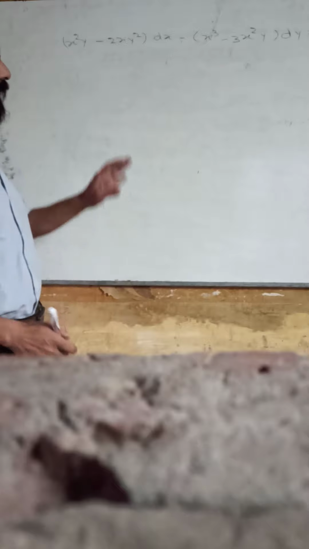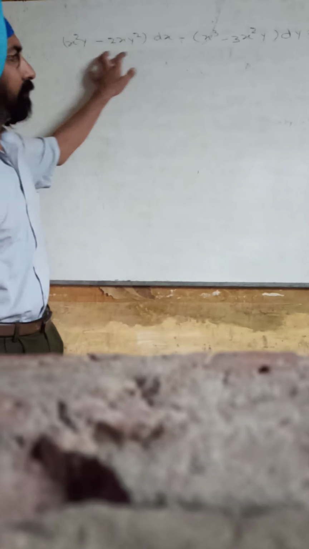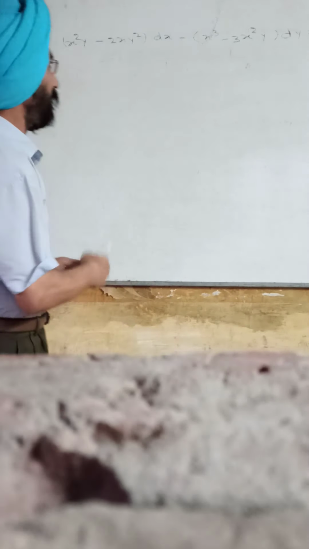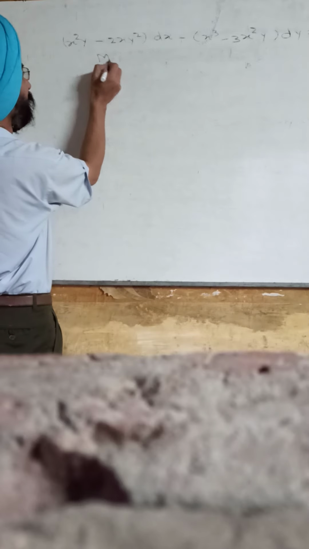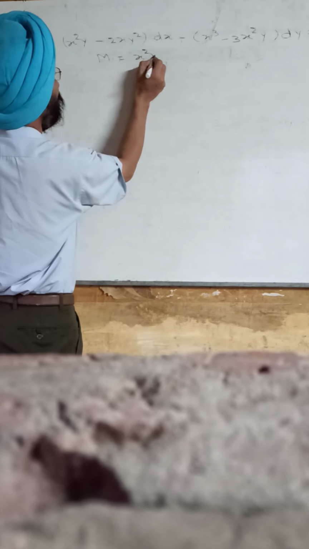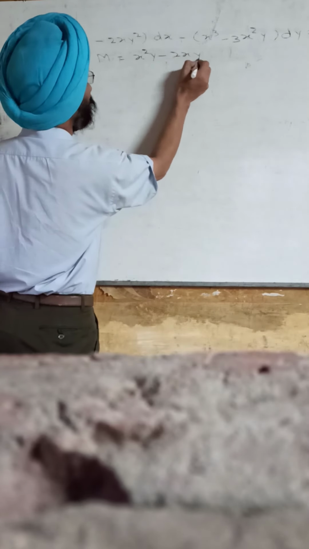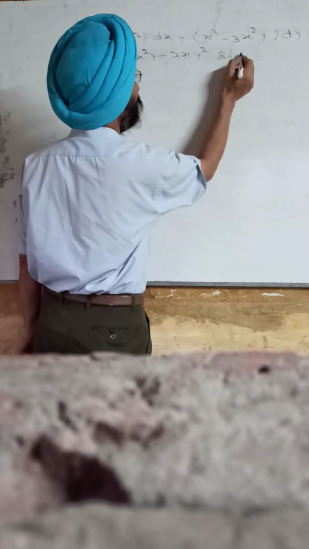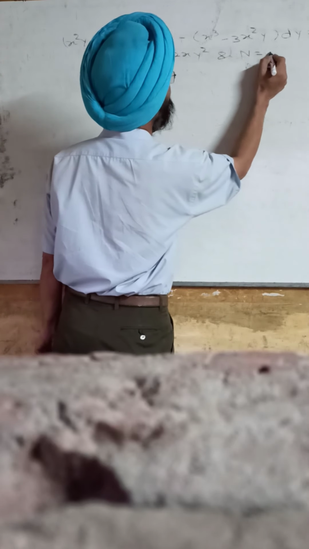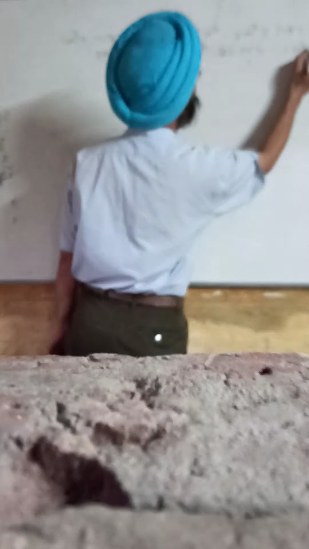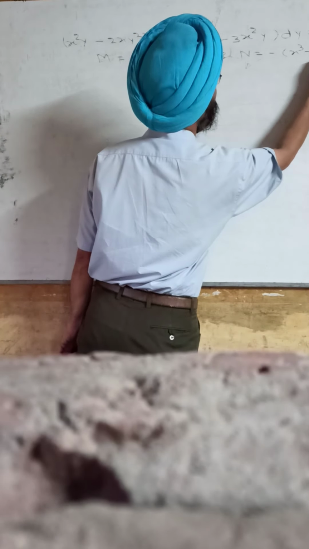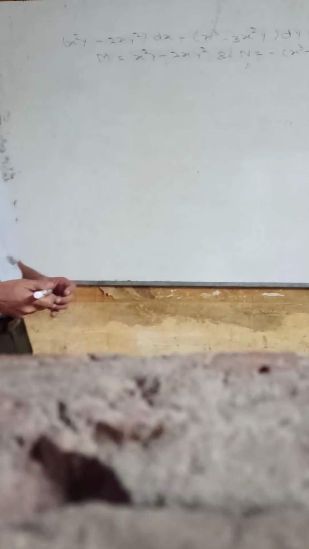Look at this equation. There are 2 terms in M, 2 terms in N. Here M is x square y minus 2xy square, and N is minus x cube minus 3x square y.